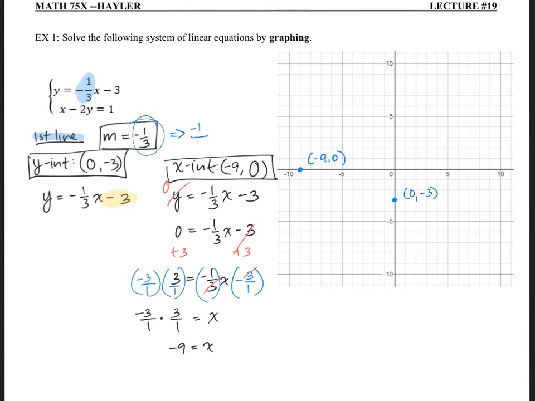So -1/3, which means we're going to go down 1 and right 3. Let me change colors, actually. Down 1 and right 3. 1, 2, 3. And there we have our third point. Let me write in the coordinate point, which is going to be (-6, -1).